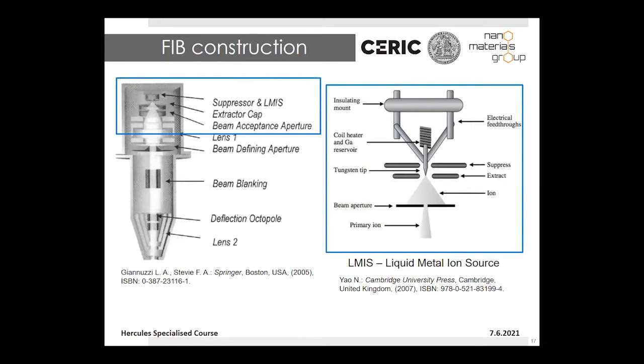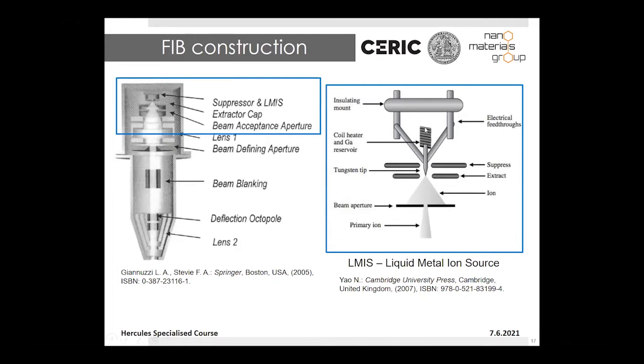About the construction of the focused ion beam, I will show it to you later on the real microscopes. So just briefly to go through it. The main part is called the liquid metal ion source. You can see it on the right side. As I said before, the ions which are used are gallium most of the time.